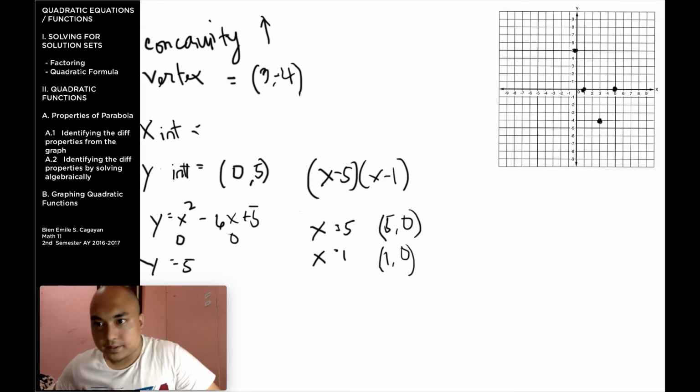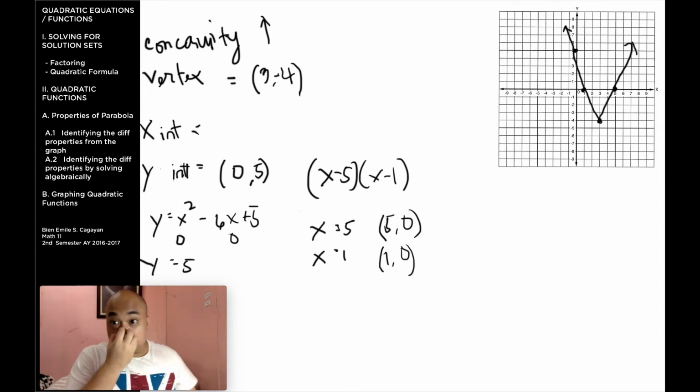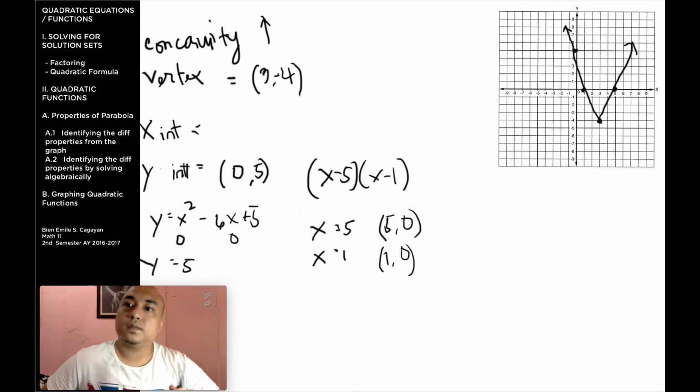So now we can plot this. We just connect the dots, just like when we were children. There you go. That should be a little more curved, but still the same. So now we can see it in the graph.